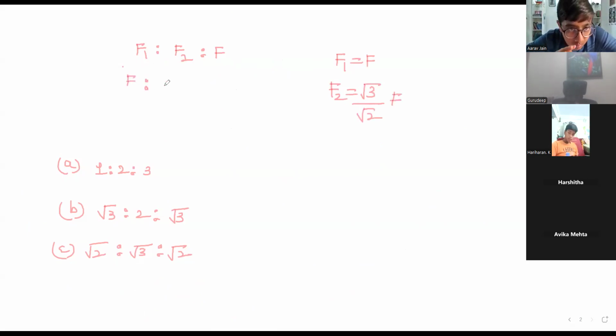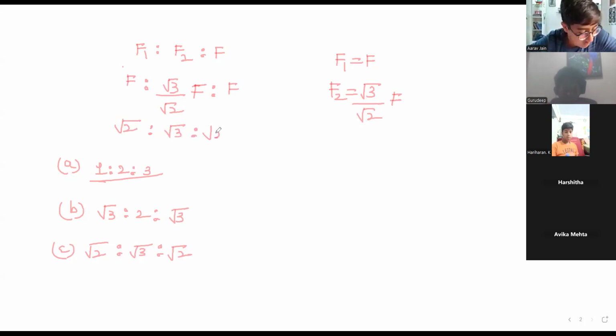It's F is to root 3 by root 2 F is to F, right? Okay, since the answer is written in terms like this, I simply took the common value root 2, root 3 and root 2. This is the value.